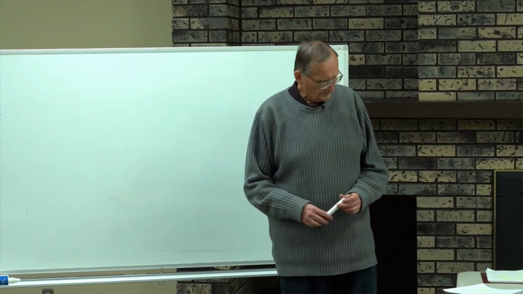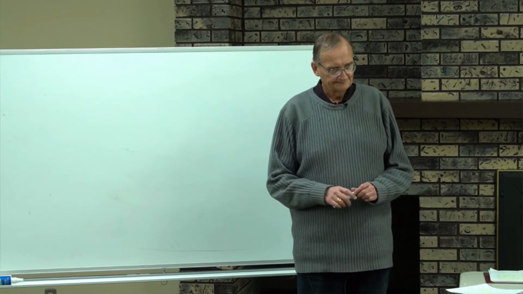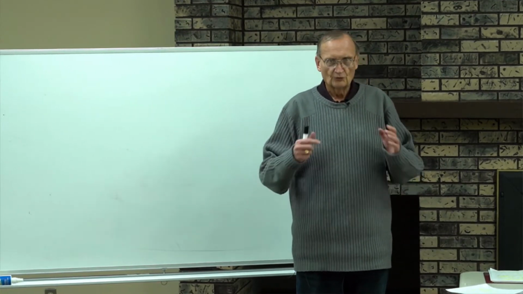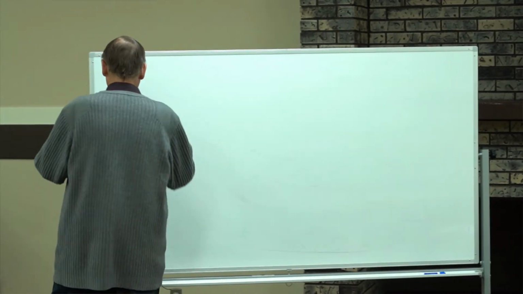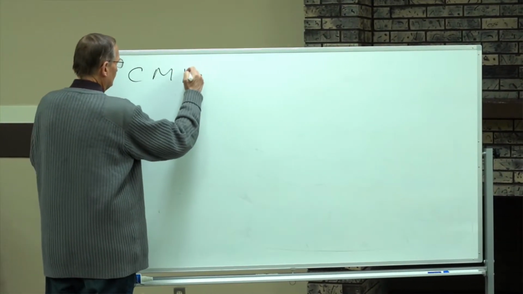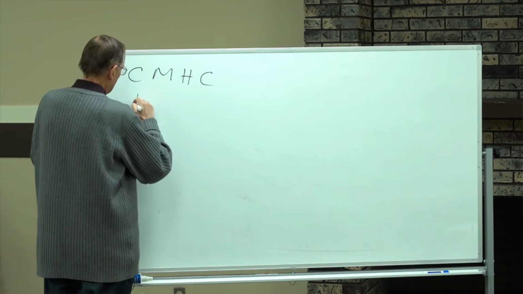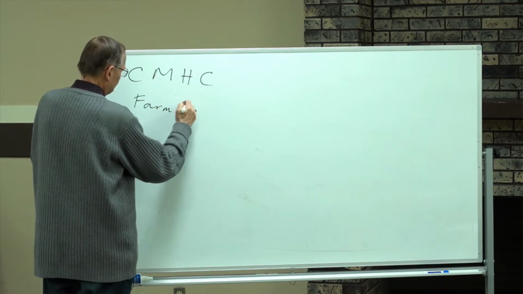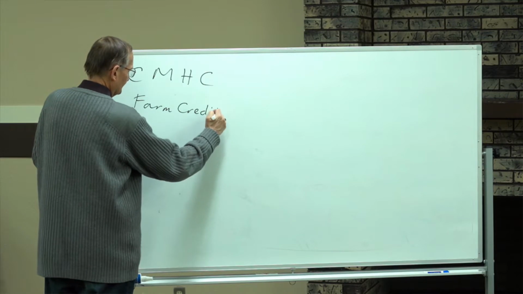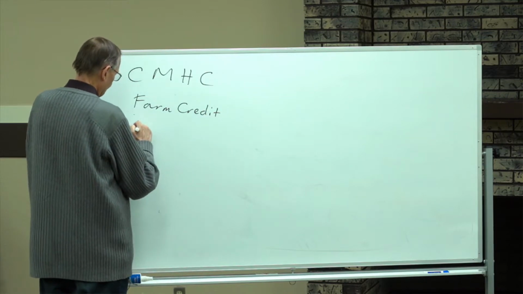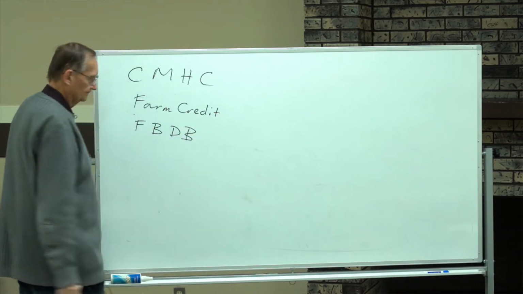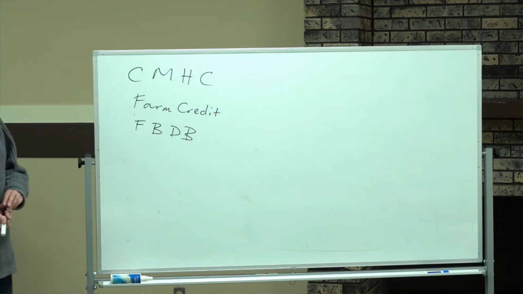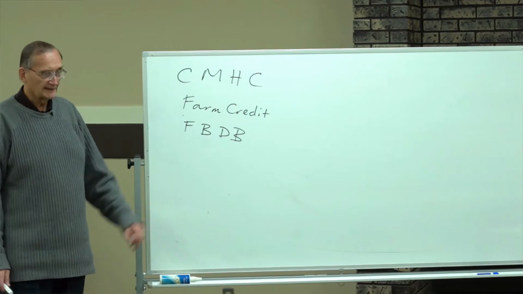Federal crown corporations borrow money. So there are crown corporations in Canada that borrow money from investors. I'm writing down the names of 3 of them. This is Federal Business Development Bank.